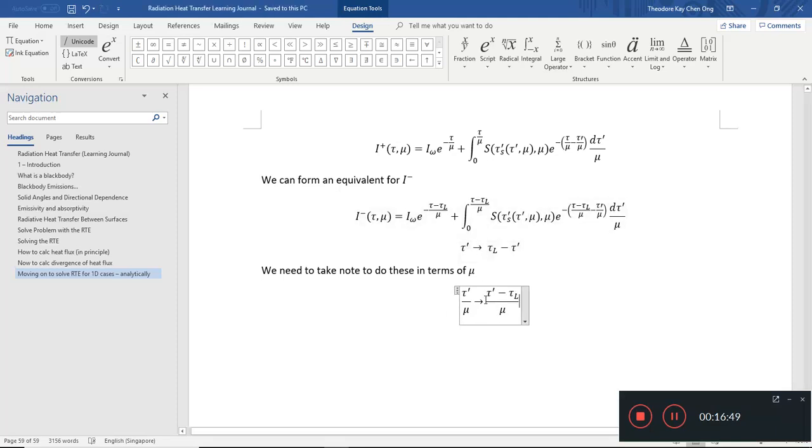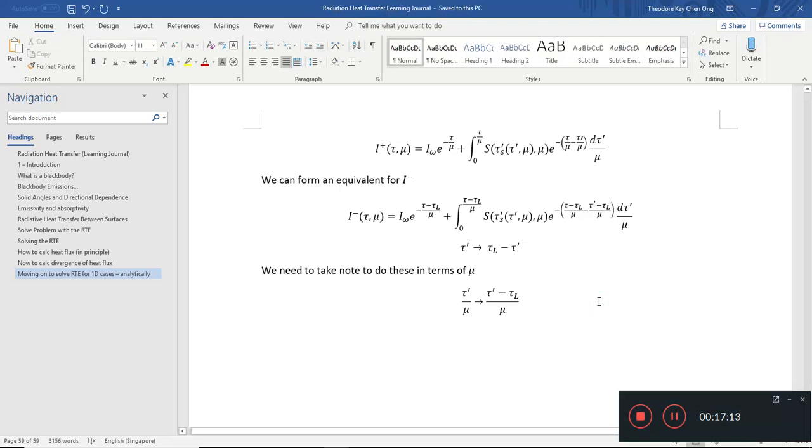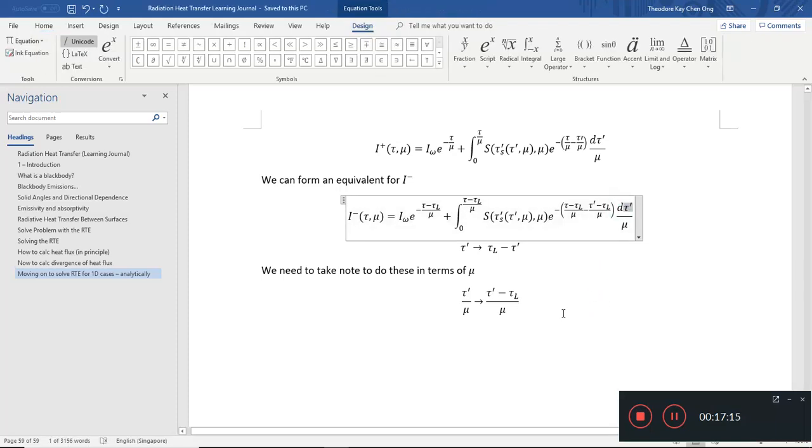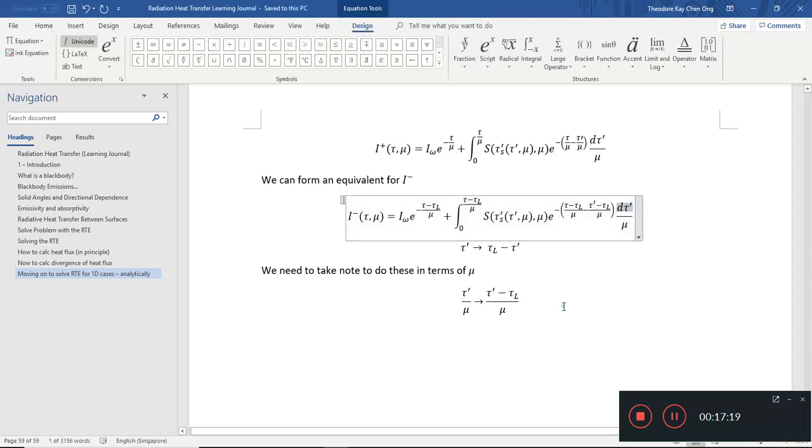Wherever we see this tau prime, we need to replace it with tau prime minus tau L. Now for this s term, the explicit form of the function is not quite clear yet, so we can just leave this be. Where we need to take note is this tau prime here, where we need to have a tau prime minus tau L.